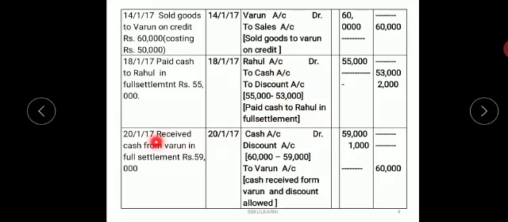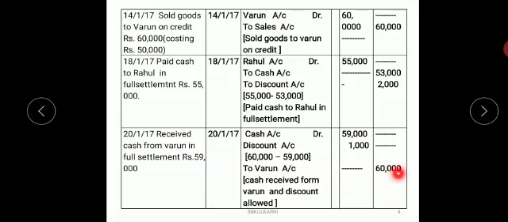On 20th, received cash from Varun in full settlement, 59,000. Now when I am receiving cash, it increases. So cash account is debited. Next, Varun, he is our debtor. So this decrease in the value of debtors is to be credited. So I leave 2 lines and write to Varun's account.